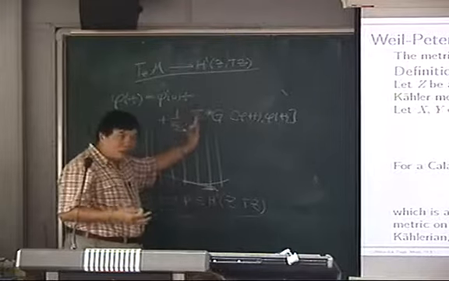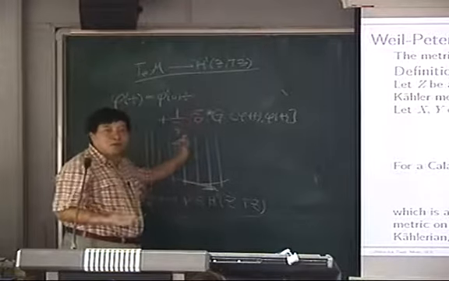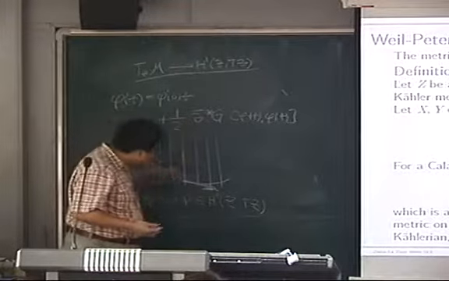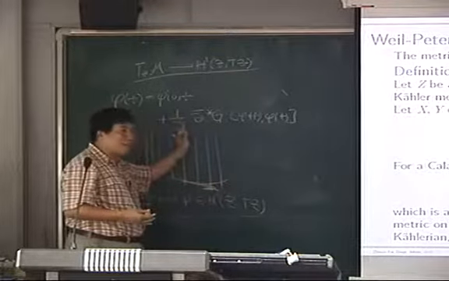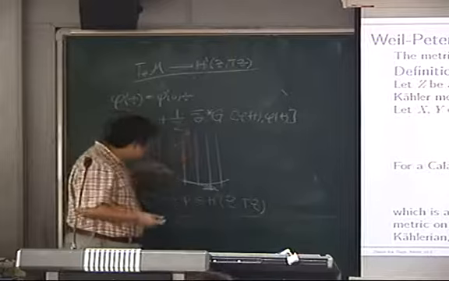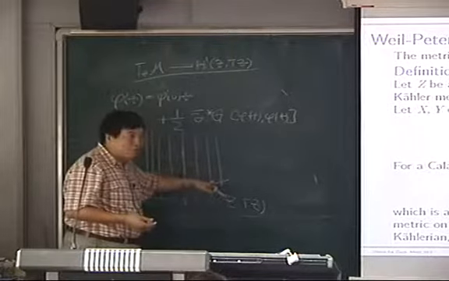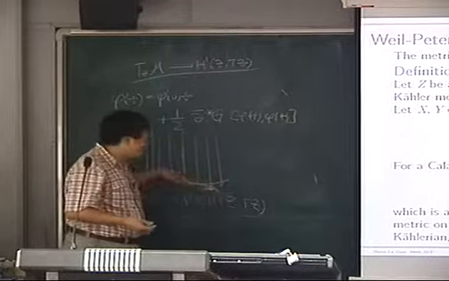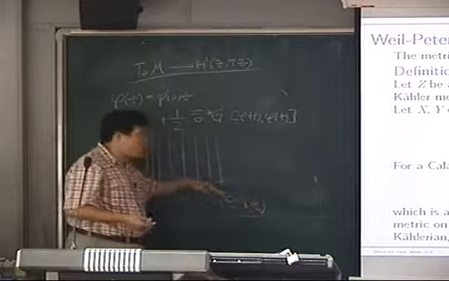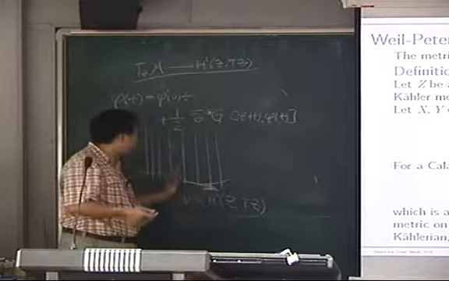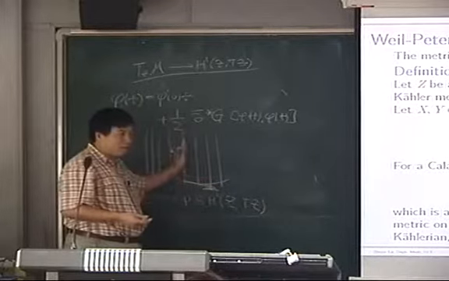But the implication of the Kodaira-Spencer map is more than that. It not only says that a direction can be identified with that; even if you take any derivative or any high-order differential operator in the horizontal direction, you can always convert it to the vertical direction.